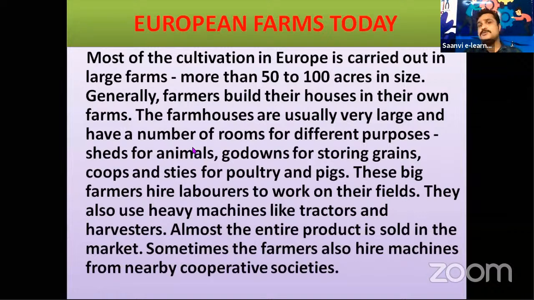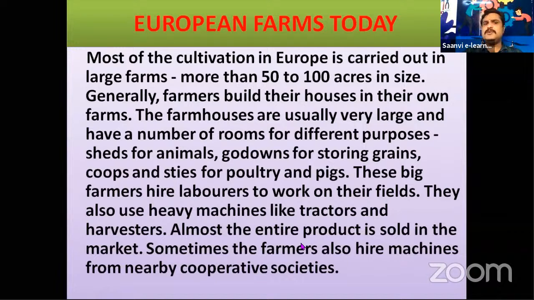The farmhouses are usually very large and have a number of rooms for different purposes, like sheds for animals, godowns for storing grain, coops and sties for poultry and pigs. The big farmers hire laborers to work on their fields. They also use heavy machines like tractors and harvesters.